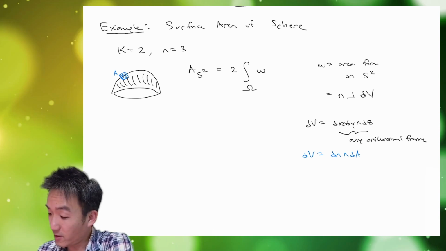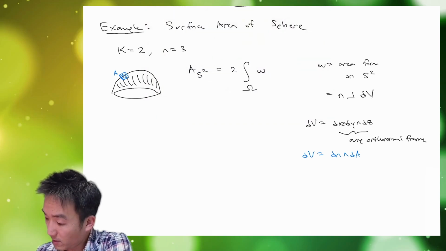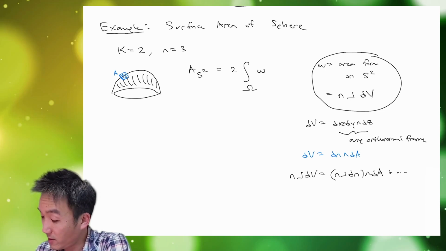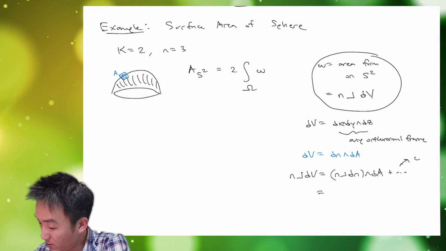This is the sense in which this formula holds true. If I do the unit normal contracted with dV, that n pairs with dn and gives you 1, and the other term vanishes because n is perpendicular to A. So this other term will be 0.